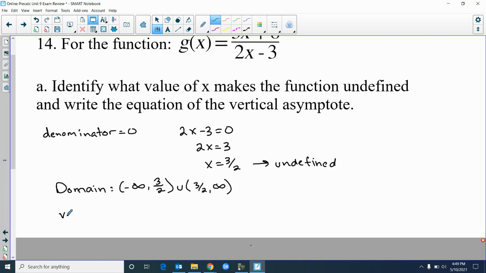Any asymptote has to be an equation, which means it has to have an equal sign. The vertical asymptote is x equals 3 halves. Even though I didn't specifically ask for the domain, I wanted to hit upon that as well. That's your domain. Vertical asymptote is essentially where it is undefined.